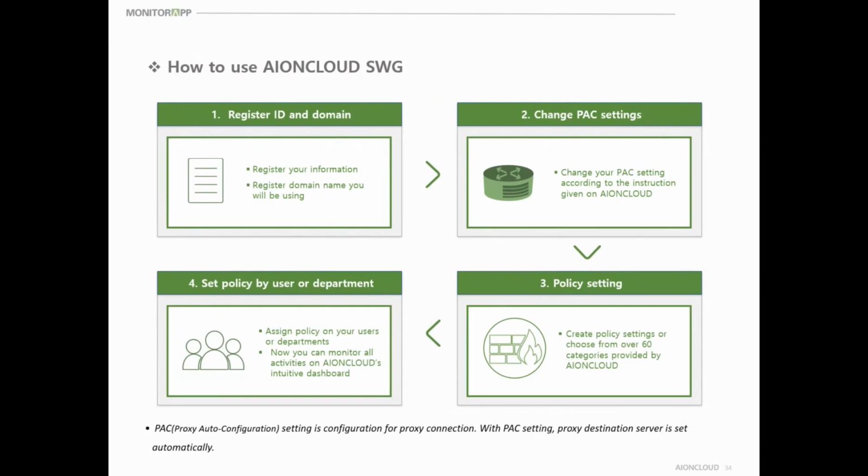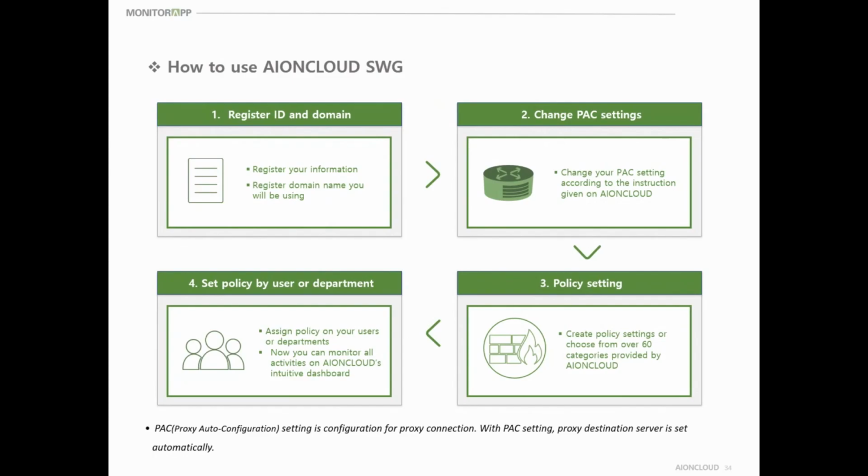If you have your own website, for example, www.abc.com, in that case, you just need to type your domain name, www.abc.com. But if you don't have your own domain name, you can set your own name or your company name. It's free. It's not essential.